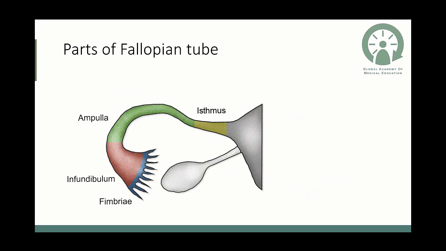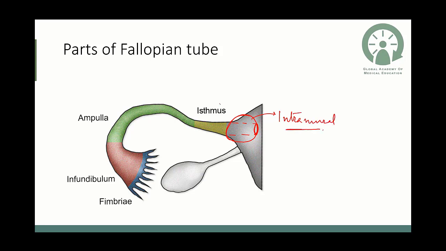I think parts of the fallopian tube were asked. The part which goes deep inside the uterus till the level of the tubal ostium, the part inside the uterine musculature, inside the myometrium, is known as the intramyometrial part or intramural part, right?